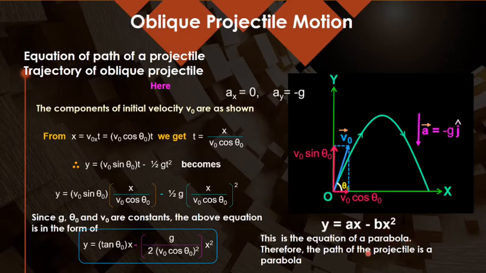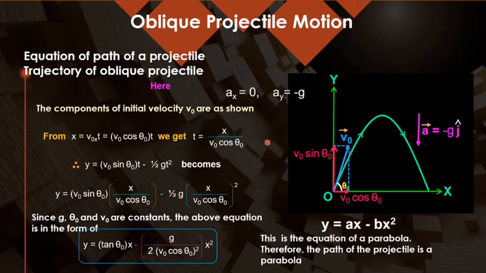This question can be asked, that you derive the expression for the trajectory of the oblique projectile, or simply they may ask you to prove that the path of the projectile is a parabola. Then these steps you have to take, and the steps are simple. Simply you write the equation along the x-axis using the second equation of motion. Write the equation along the y-axis.